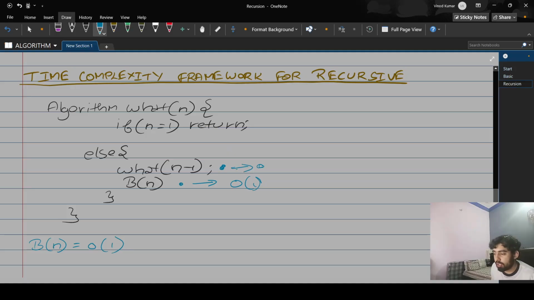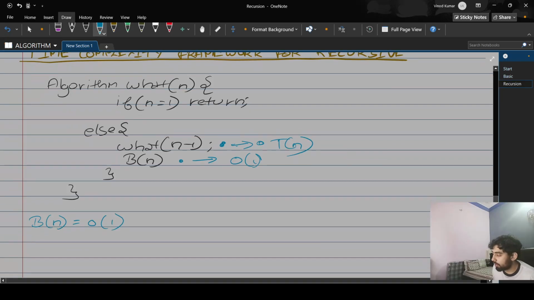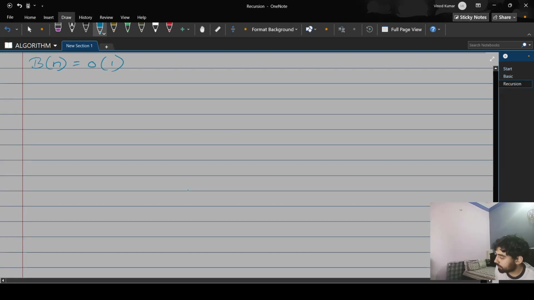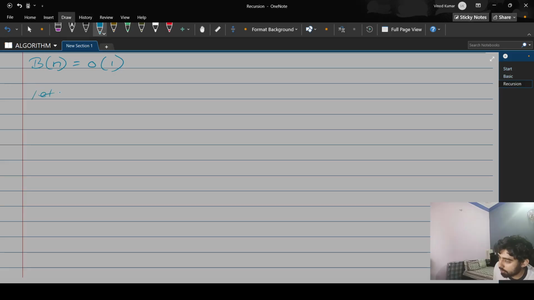And this is the function that we can, let's say, call it T of n. Let T of n represent the time complexity of the function.